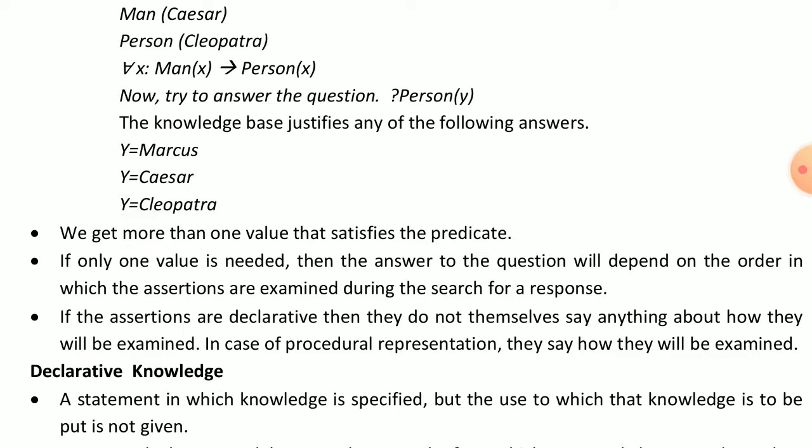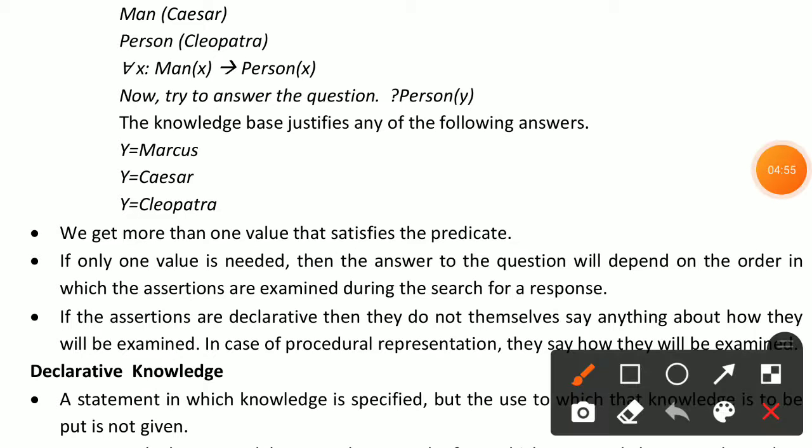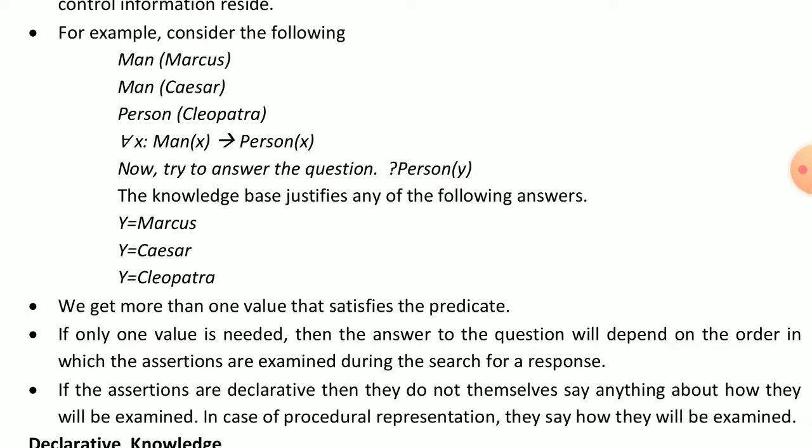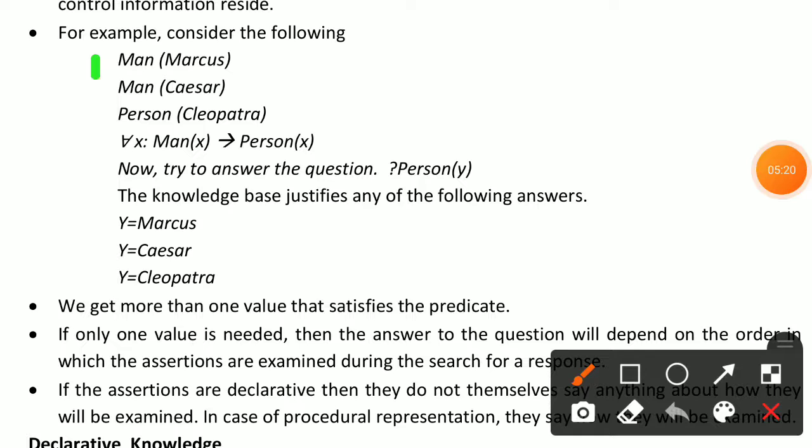Here we can find out who the person Y is. Three basic possibilities are given: Y equals Marcus, Y equals Caesar, and Y equals Cleopatra. So the person possibilities are three from these sentences.